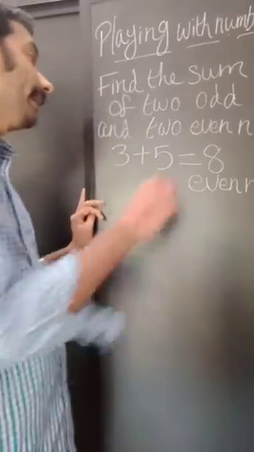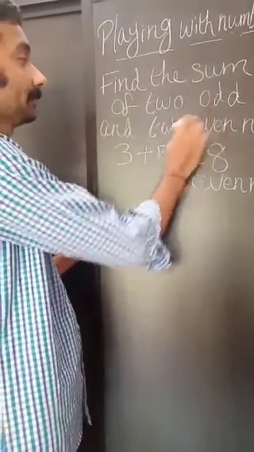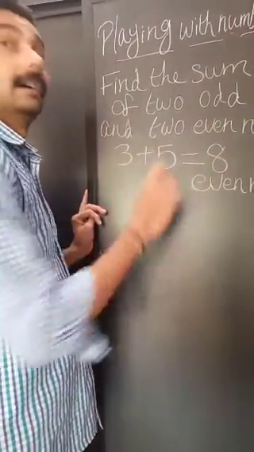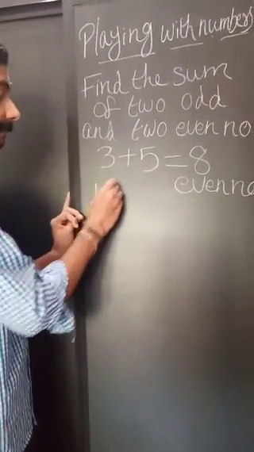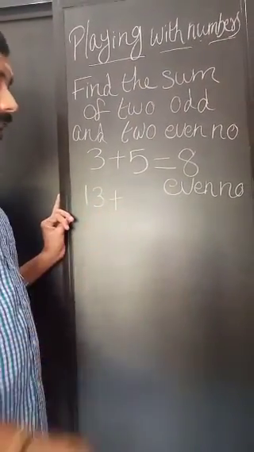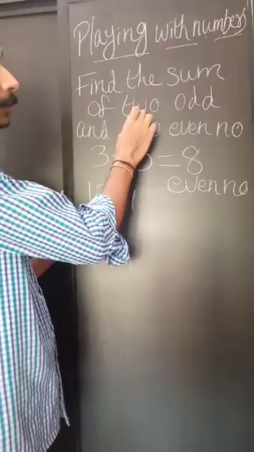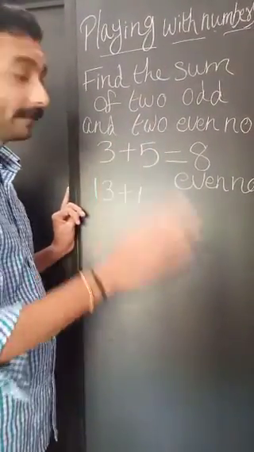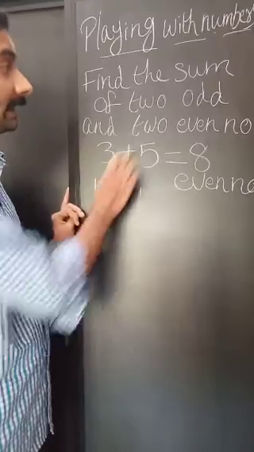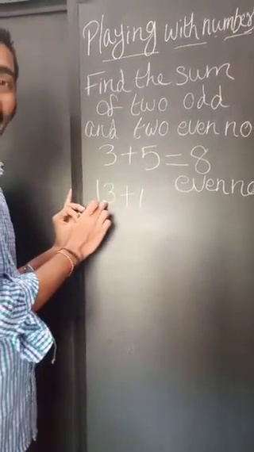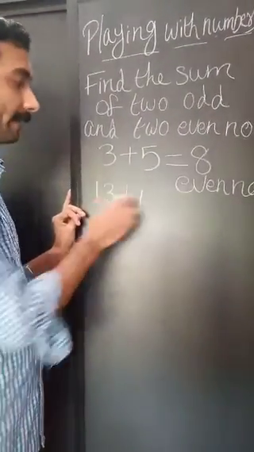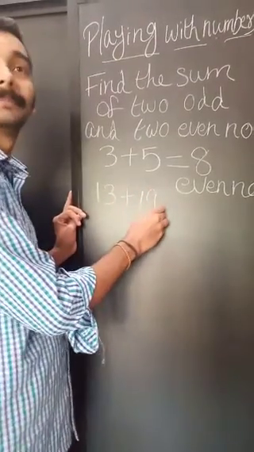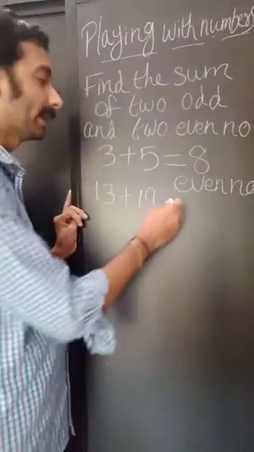Okay, you write other examples. Another one is 13 plus 19. 13 is an odd number and 19 is another odd number.